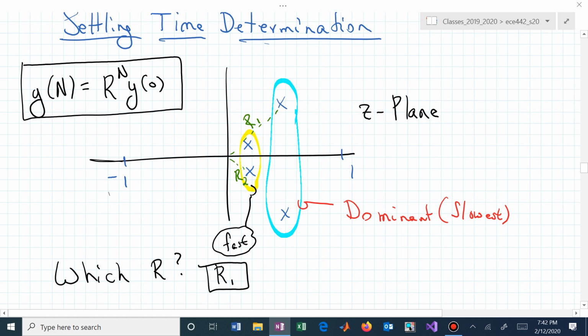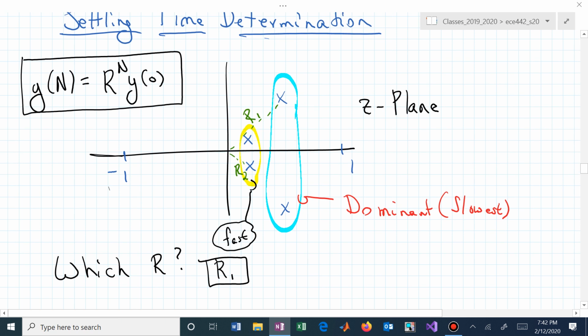And now you would just plug R1 into that expression, and now you're really looking at R1 to the n equal 0.01. Solve that for n if you need to now find the number of sample periods for that to settle.